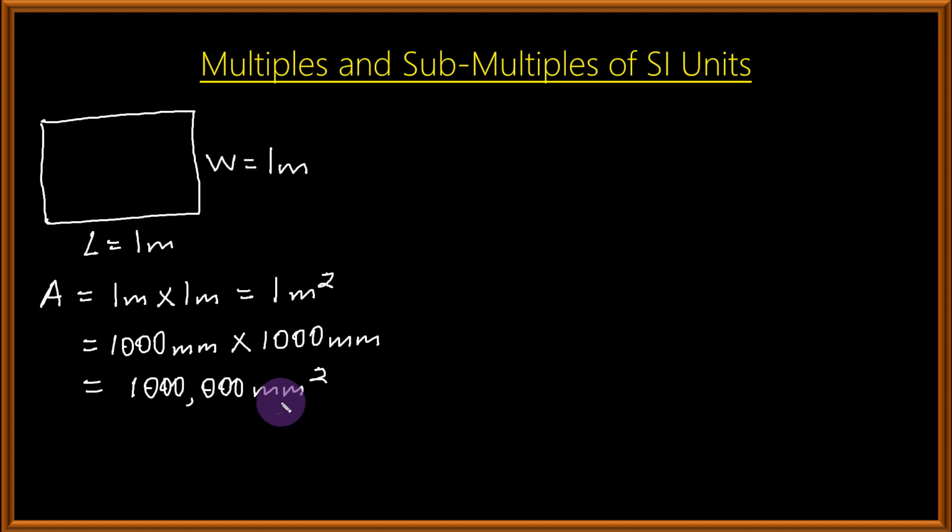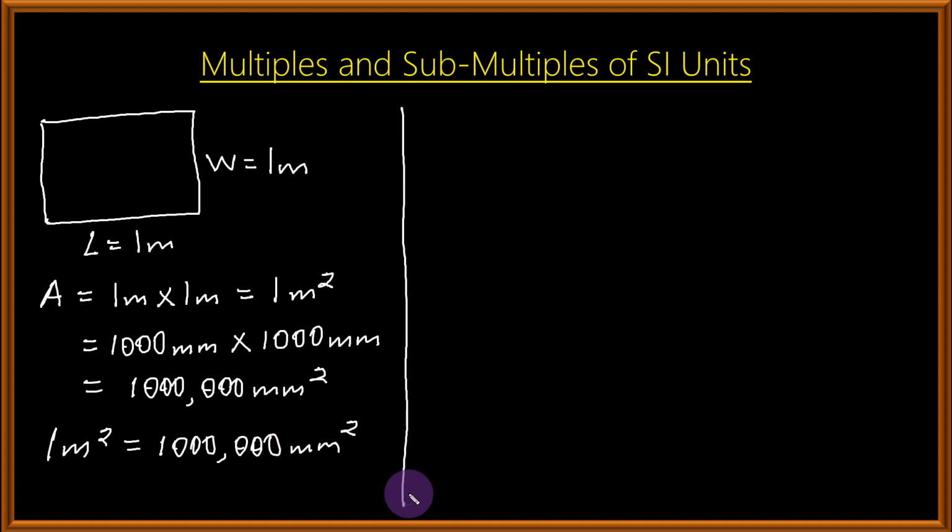And since we are talking about the area of the same surface, I can say that the area of this surface is 1 meter squared and also 1 million millimeters squared. It follows that 1 meters squared is equal to 1 million millimeters squared. Very, very important.